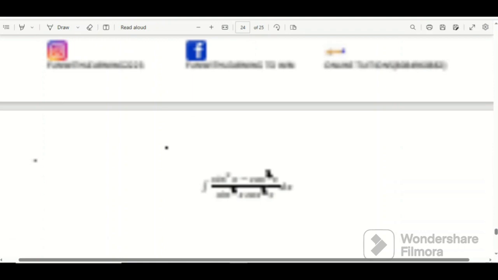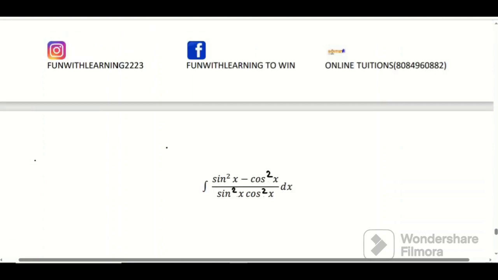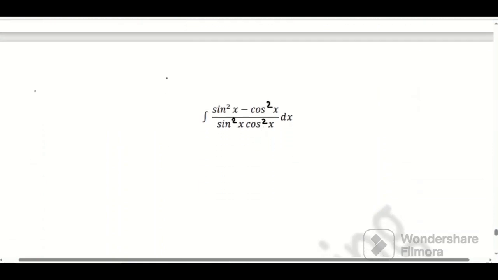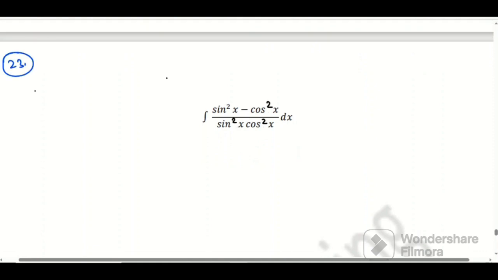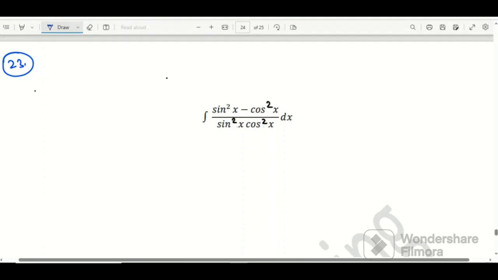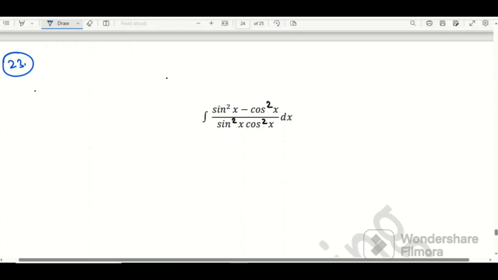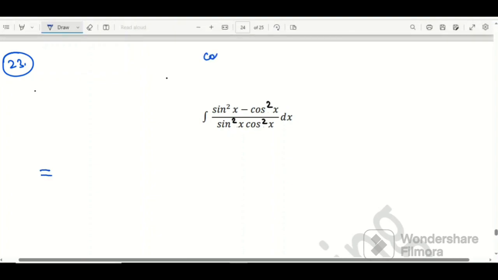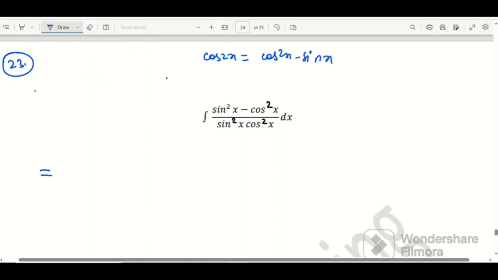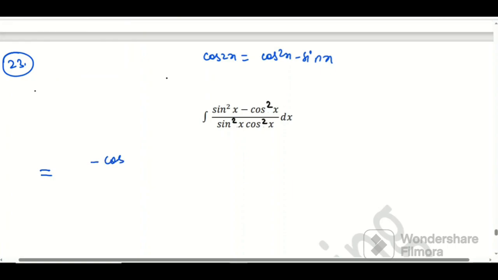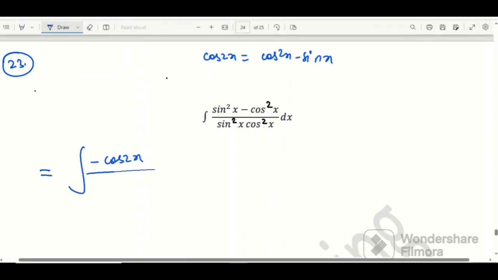Now we have the 23rd question. Again, we can use here the formula cos 2 theta equal to cos square x minus sin square x. We can try this. So we have cos 2x as cos square x minus sin square x, so it will be minus cos 2x. In the denominator, we have sin square x into cos square x, so I need 4 also in the denominator.